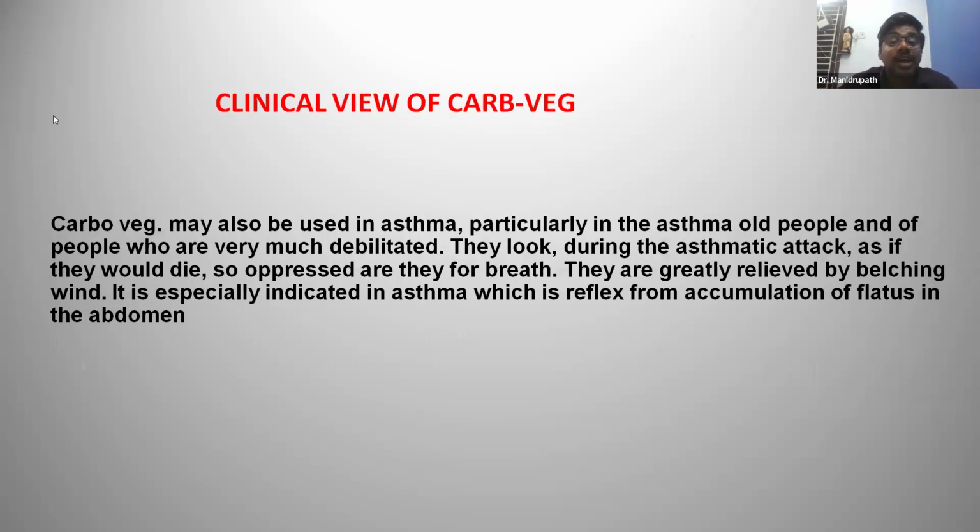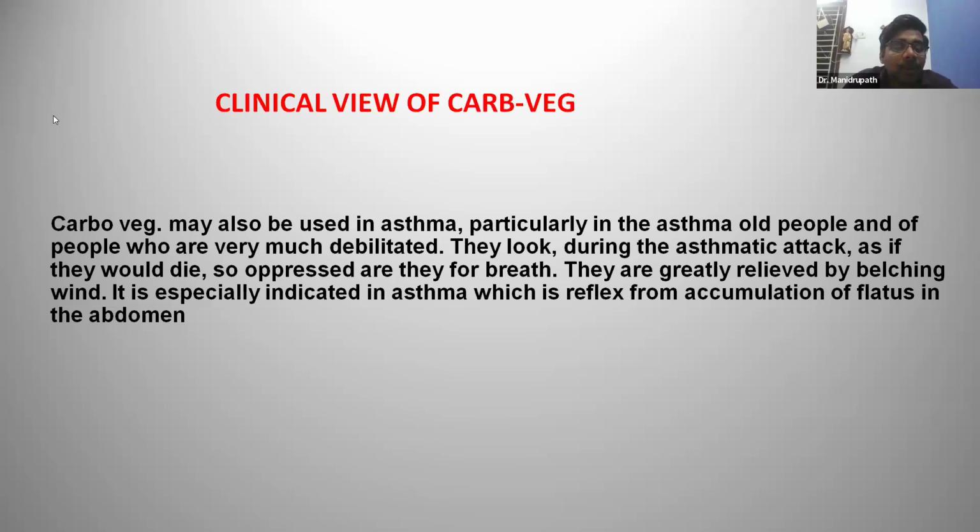Carbo veg may also be used in asthma, particularly in asthma of old people and of people who are very much debilitated, weak. That's why this remedy comes very close to Kali carb. They look during the asthmatic attack as if they could die. Very oppression of breath. This is what you can see. This is an observation pattern.